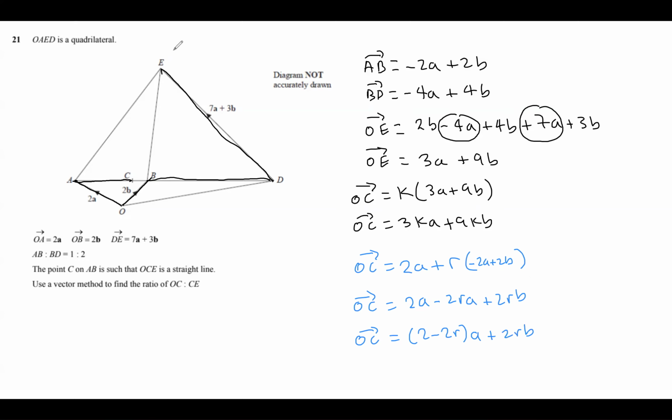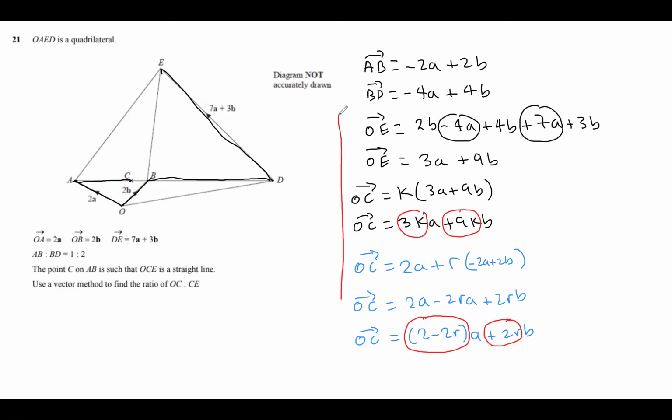And now I can again equate the coefficients. So we have 3k must be equal to 2 minus 2r. And then 9k must be equal to 2r.